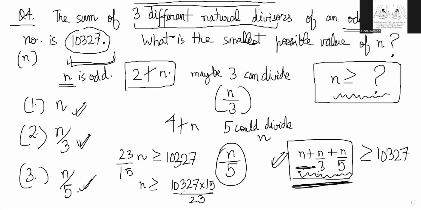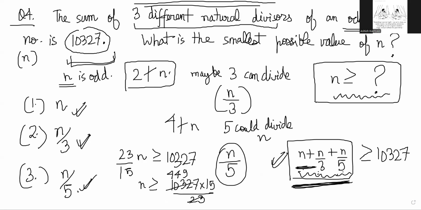So 23 fours are 92, 11 and 5, then you get 20. You get cancellation here: 449.